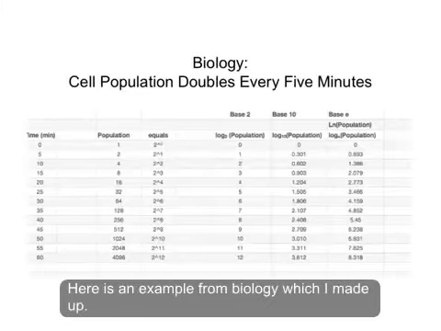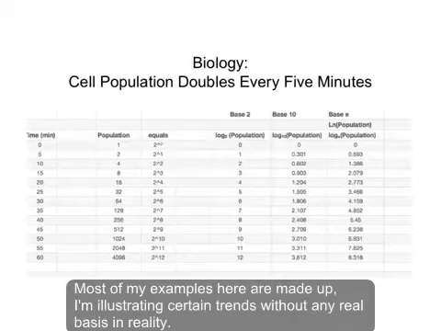So now here's an example from biology which I made up. Most of my examples here are made up. I'm just sort of illustrating certain trends without any real basis in reality.